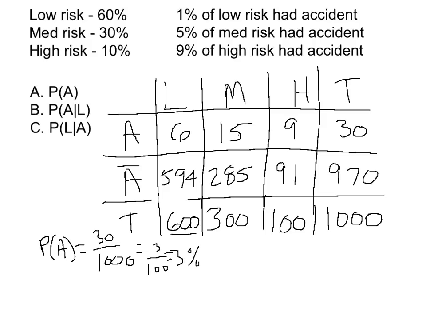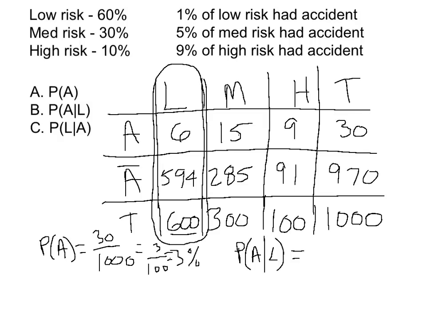The B part asks for the probability that someone had an accident given they were a low risk classification. Okay, well, that means that we are only working with this column. We're told that they are low risk. So there's 600 people who are low risk out of this 1,000.